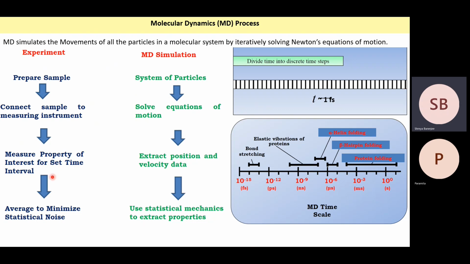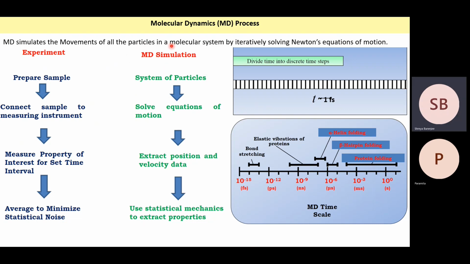Like NMR is measuring the chemical shifts, or you can even measure the dynamics using cryo-electron microscopy. And finally, you minimize the noise. In experiment, the signal-to-noise ratio can be very low, so you have to improve the experiment so that the signal-to-noise ratio is optimized.